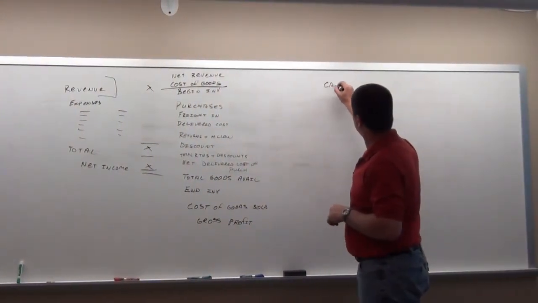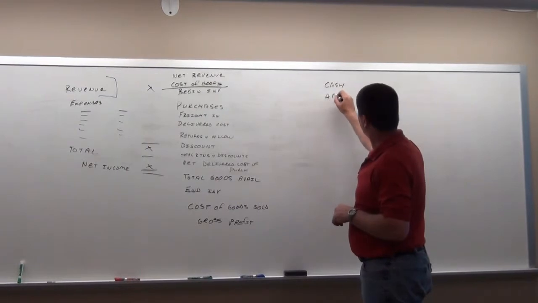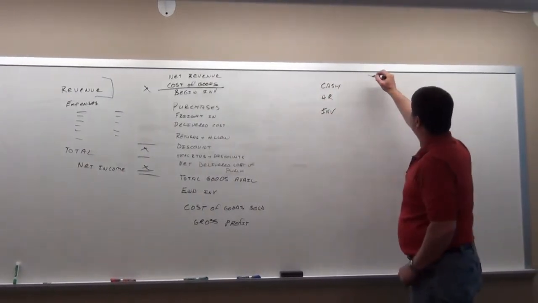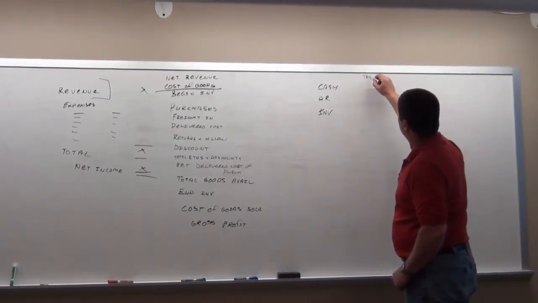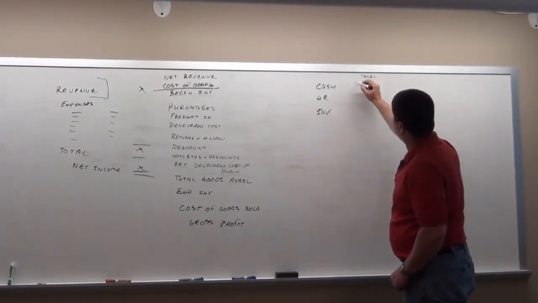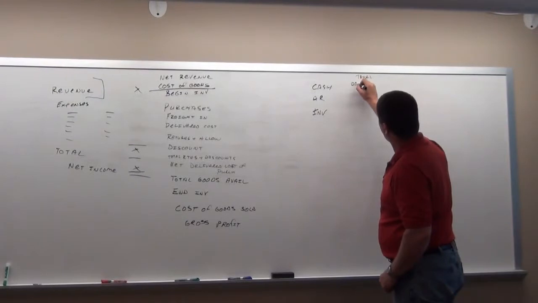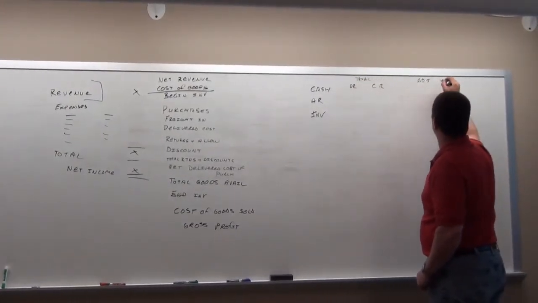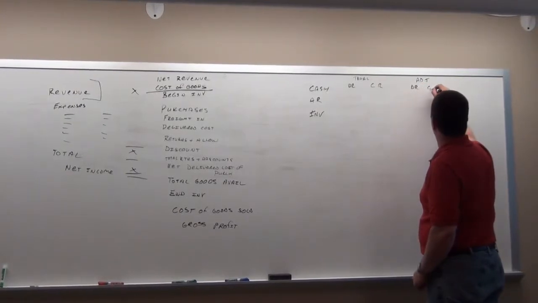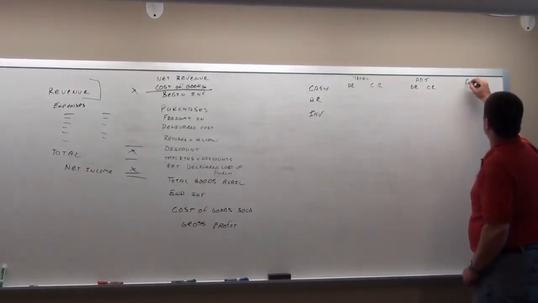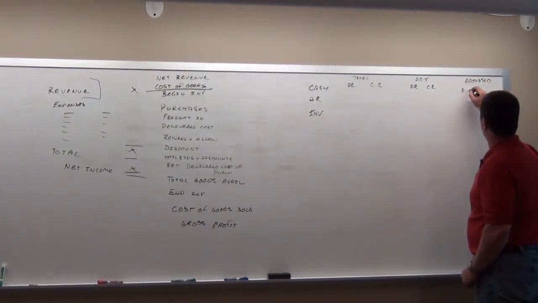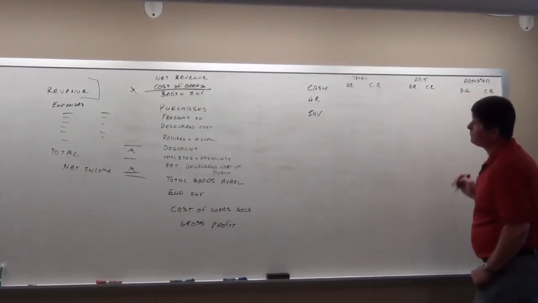We're going to have cash, accounts receivable, inventory. And there's a trial balance with debits and credits. And we're going to have adjustments, debits and credits. And then the adjusted trial balance with debits and credits.